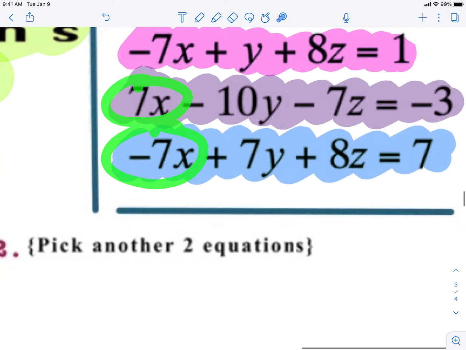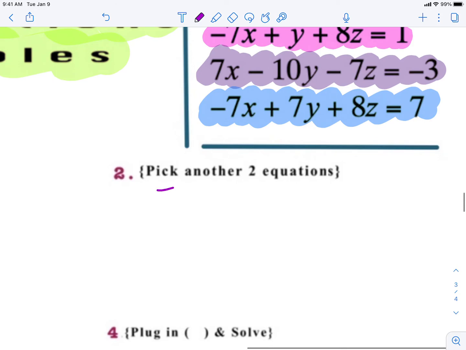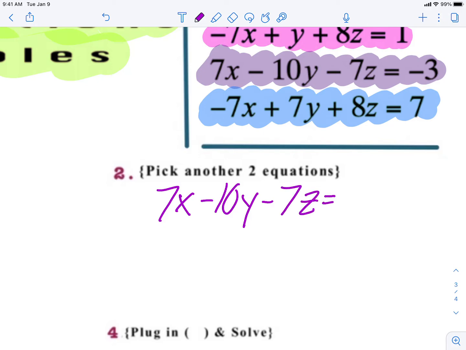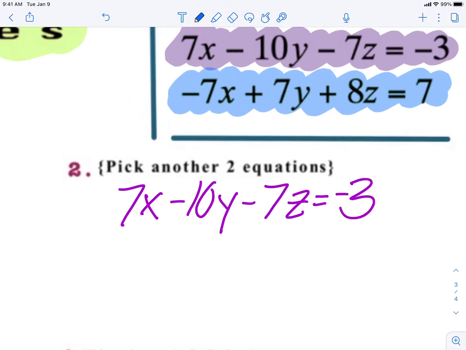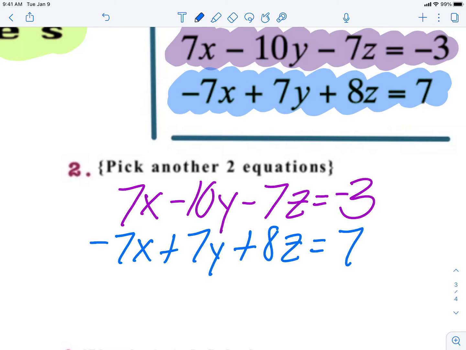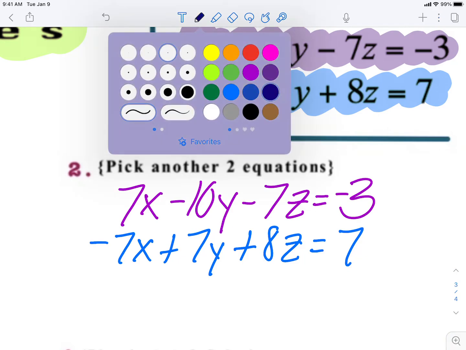Those cancel out for sure. So let's go with purple and blue. My purple equation says 7x minus 10y minus 7z is equal to negative 3. My blue equation says negative 7x plus 7y plus 8z is equal to 7.